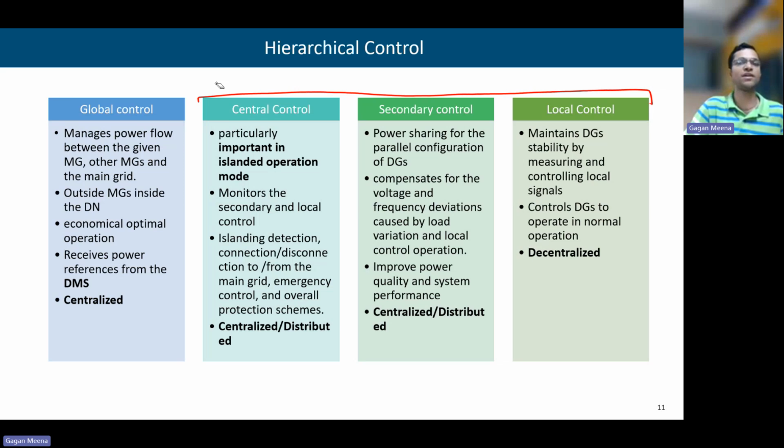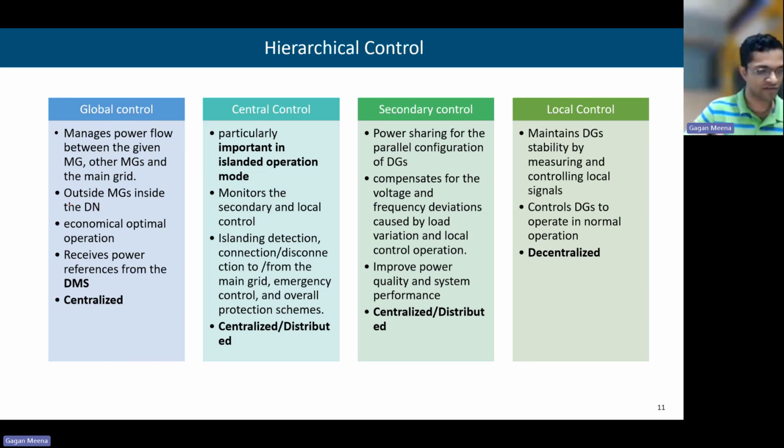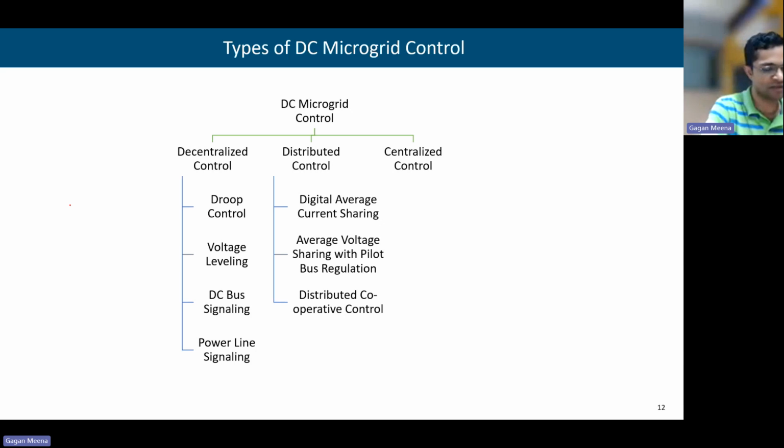So it will take care of the distribution network between the microgrids. And it also ensures economical optimal operation. It receives power references from the distribution management system and it is always centralized. That's very important.